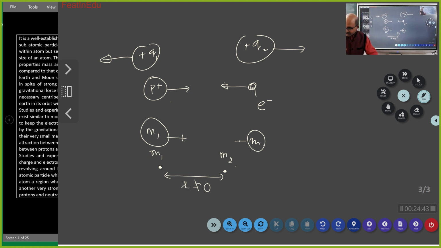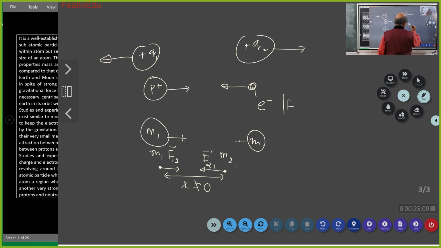If this is the condition, then there exists a force of attraction between the 2 point masses. Here I will call it force on 1 due to 2, and this will be force on 2 due to 1. There exists a force of attraction between the two. Now you see the magnitude of these two forces.